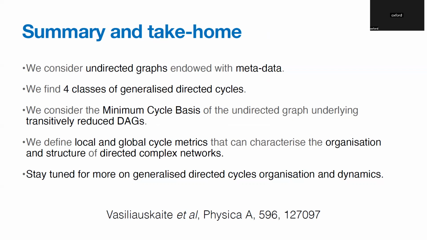There are only 4 classes of directed cycles, which is quite nice, because it's not like it increases with the size of the network. We know that we can always characterize each cycle in one of these classes. And we have proposed some metrics, arguably very basic, but they try to capture some difference in the organization of different bubbles.